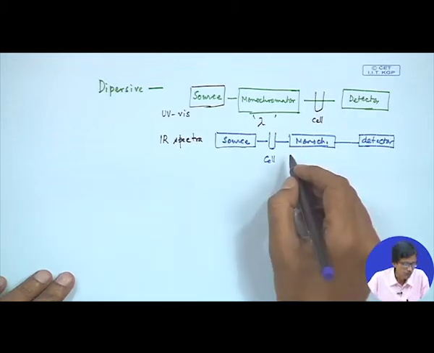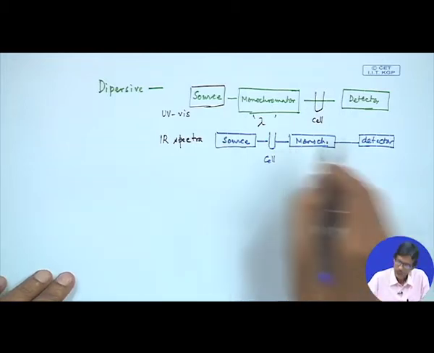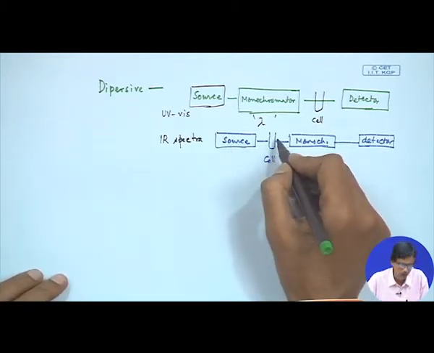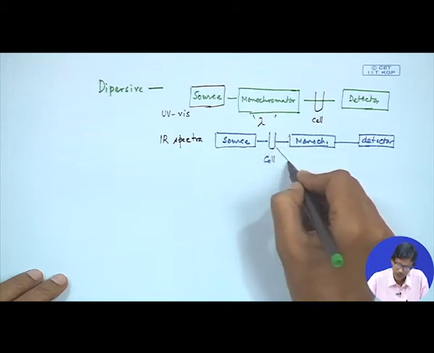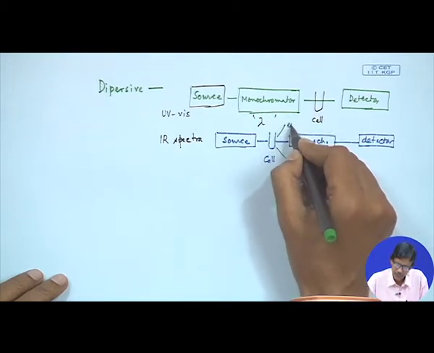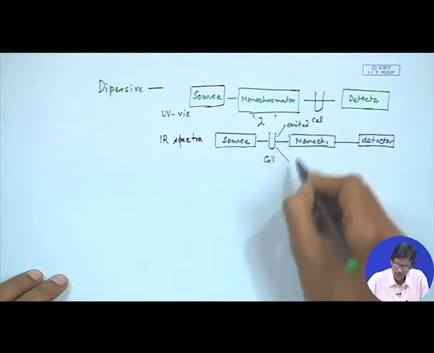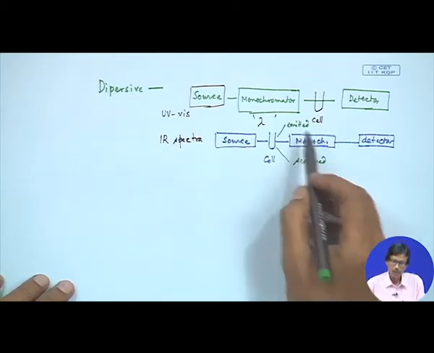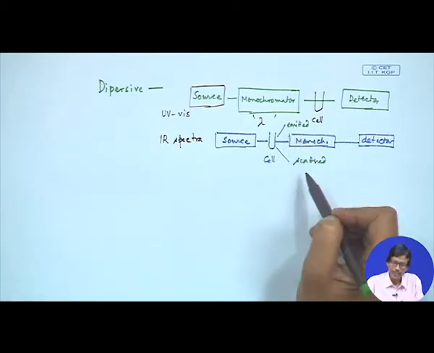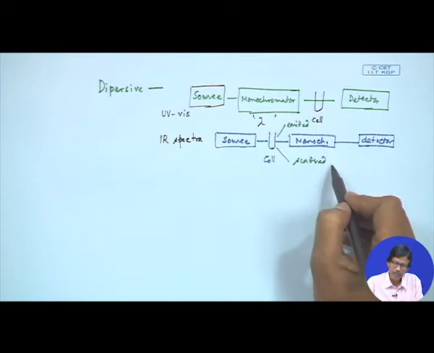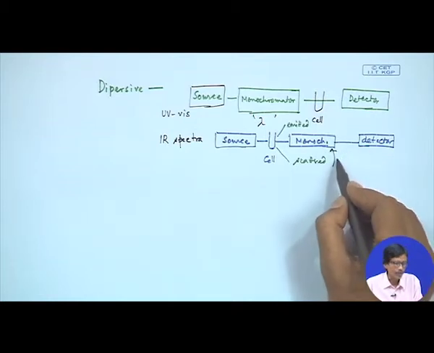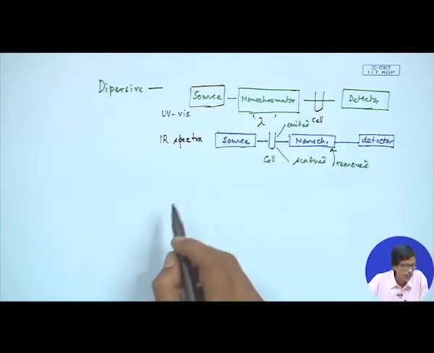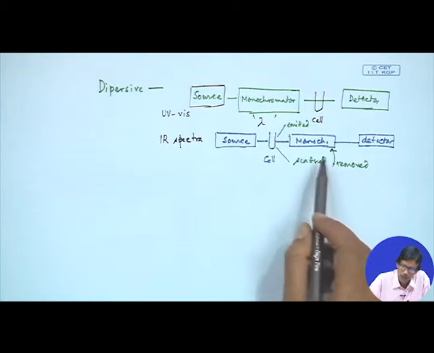Once we put this cell and we have the monochromator, the source is directly falling on the cell sample, we can have the emitted radiation and scattered radiation also. So, this emitted fraction of radiation and the scattered fraction of radiation can be eliminated by your monochromator.